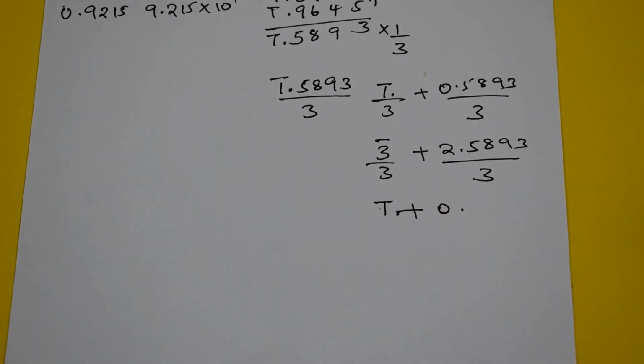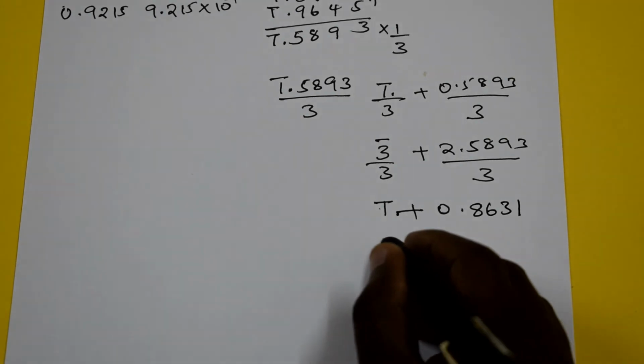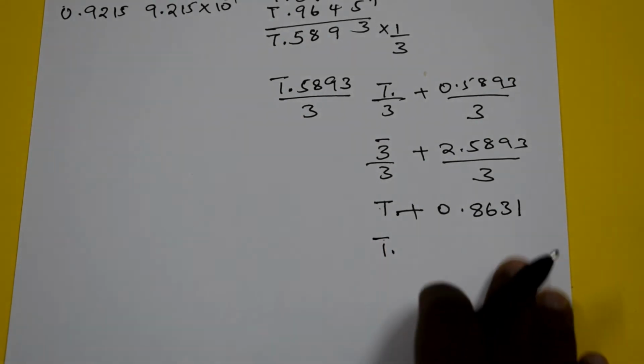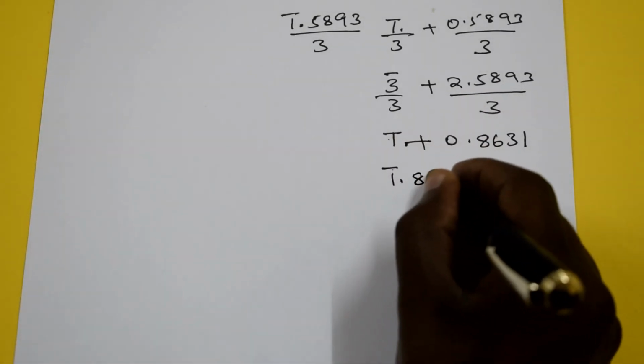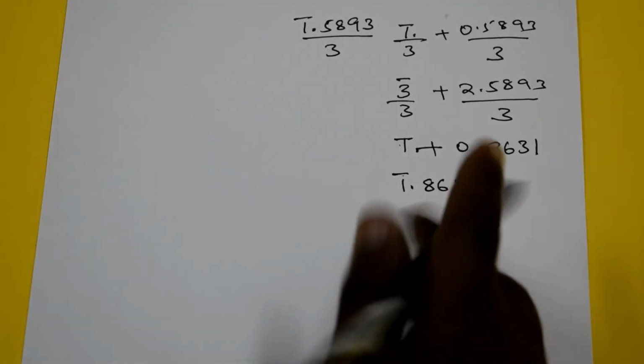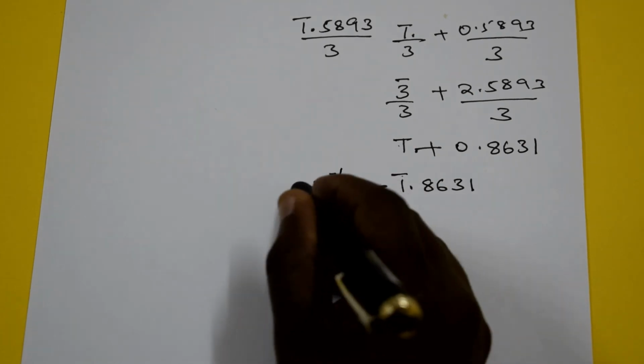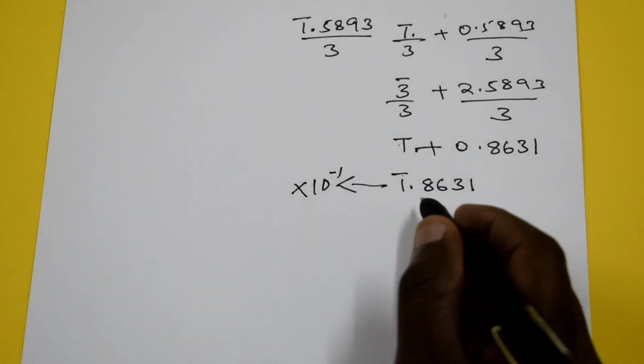So we can divide this one, 2.5893 divided by 3, and we get 0.8631. So this would be bar 1.8631. And this one now, we can leave the antilog as 10 power -1 times the antilog of 8631.